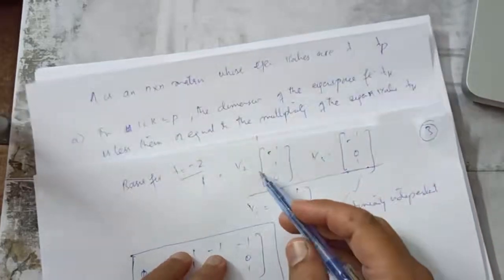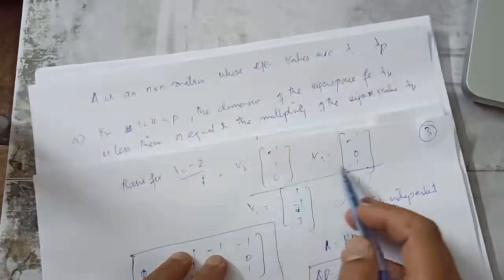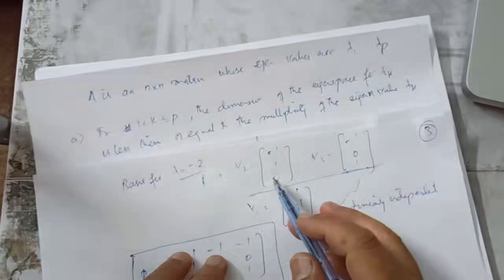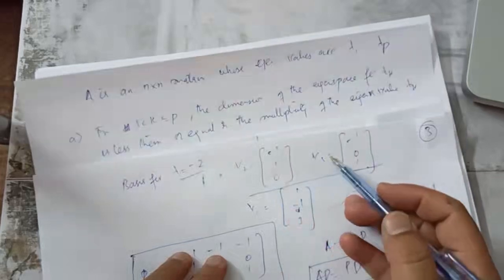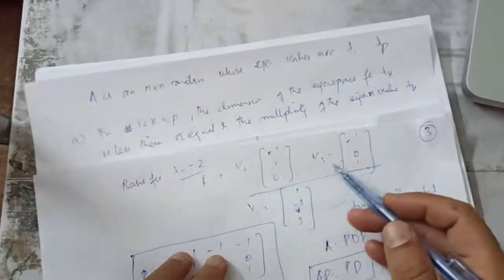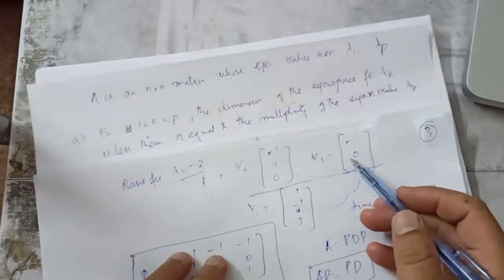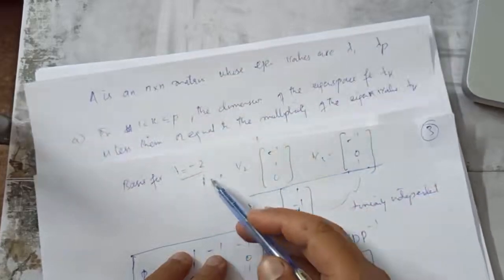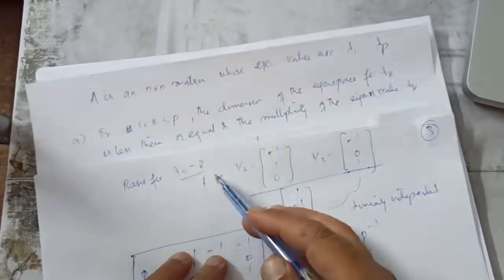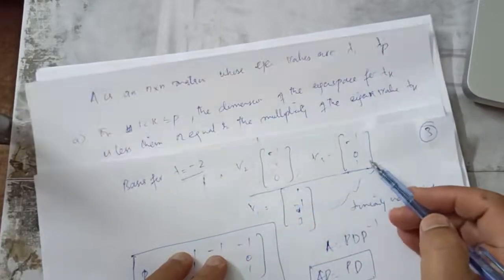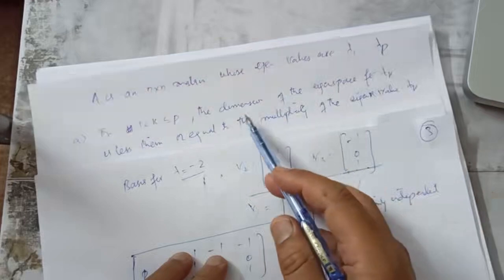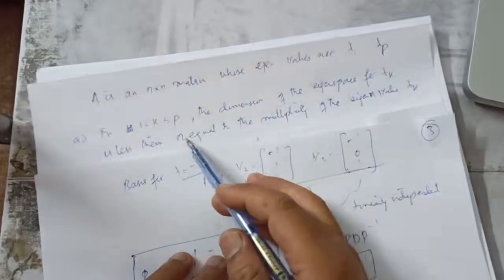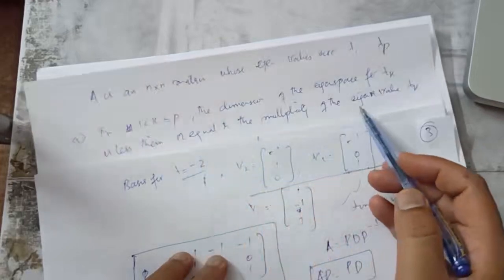These vectors form a subspace, and the dimension of a subspace is the number of linearly independent vectors in it. So in this case, the eigenspace corresponding to lambda 2 has a dimension of 2. That's what it is saying: the dimension of the eigenspace of lambda k is less than or equal to the multiplicity of the eigenvalue lambda k.